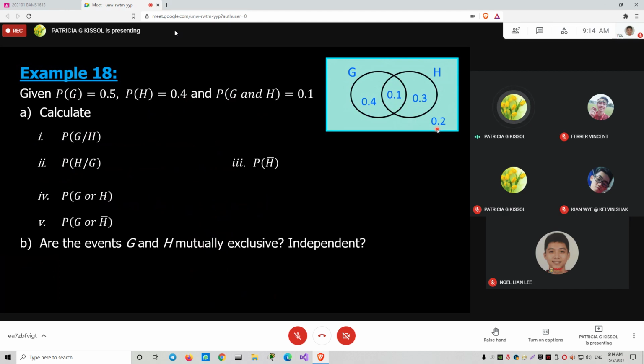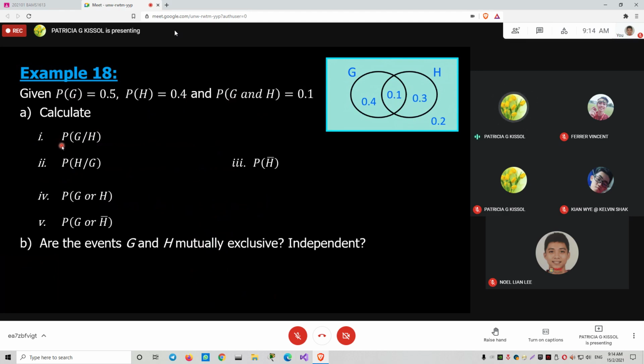So I hope you understand the Venn diagram in terms of how we get 0.2, how we get the value 0.4, and how we get 0.3 for G and H respectively.